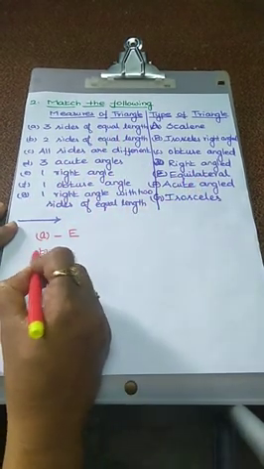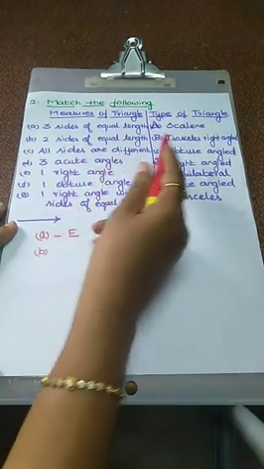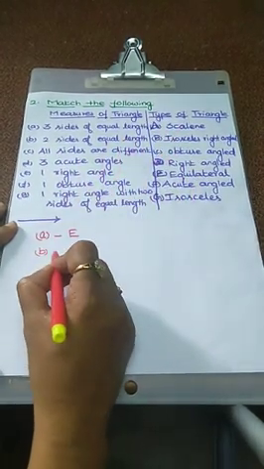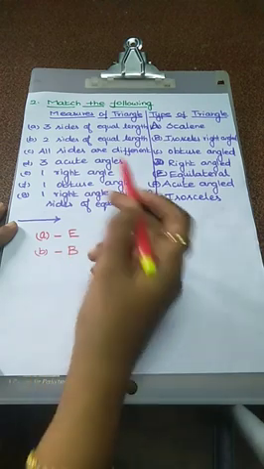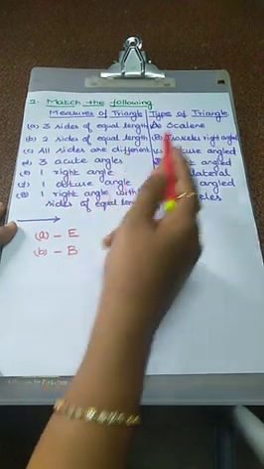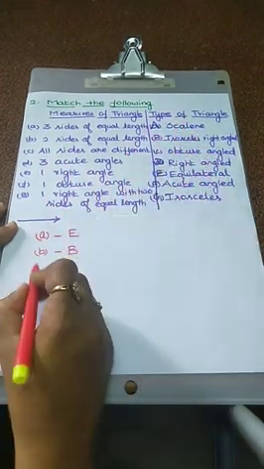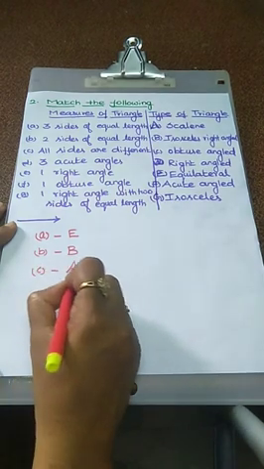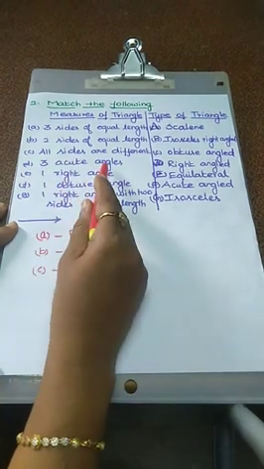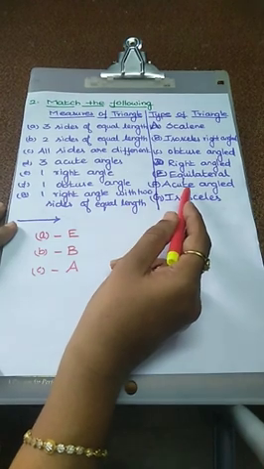And the second value, two sides of equal length. Two sides of equal length means that is an isosceles triangle. All sides are different means it is a scalene triangle. And three acute angles, that is an acute angled triangle.